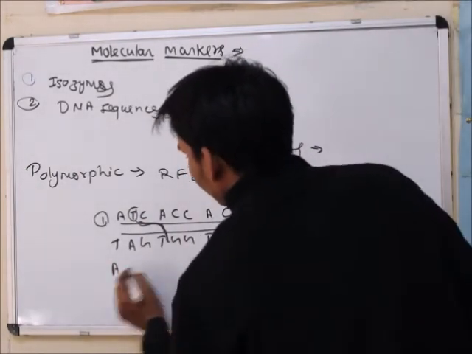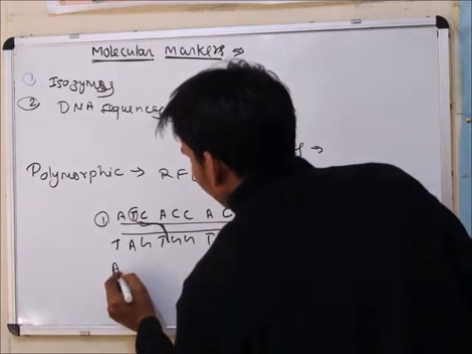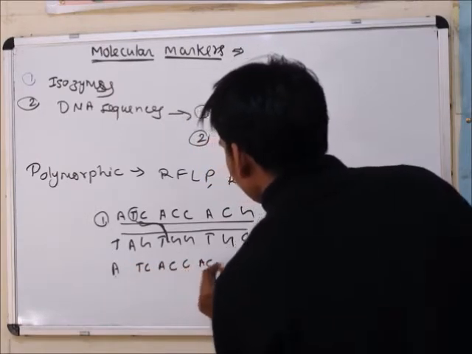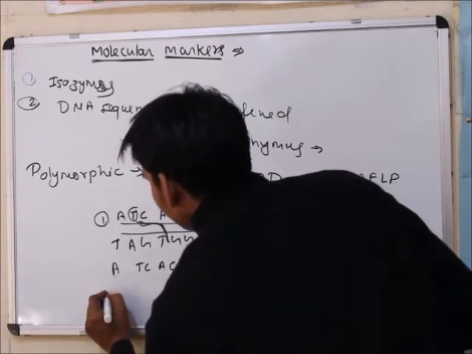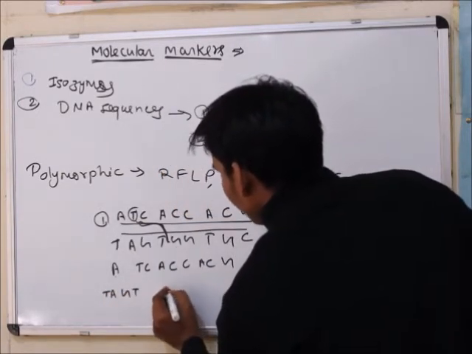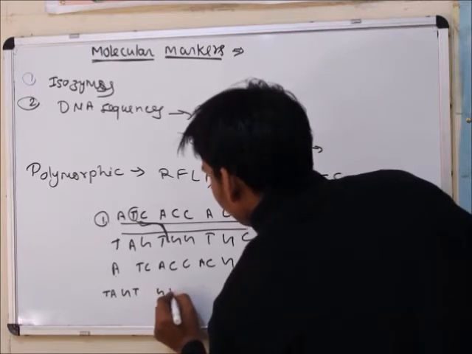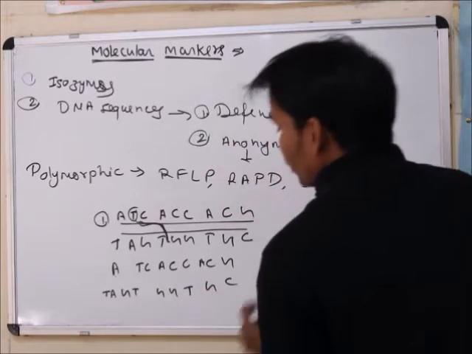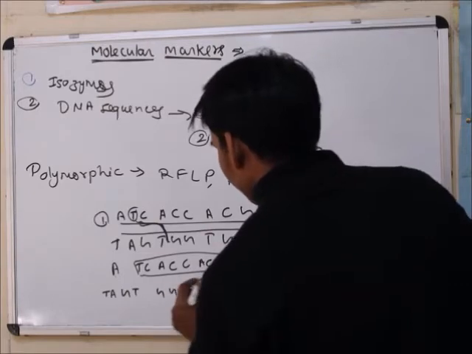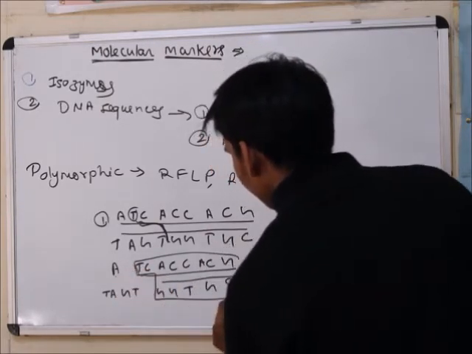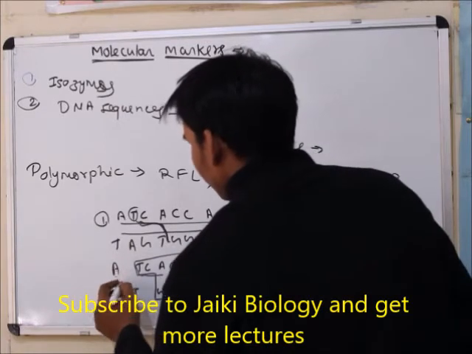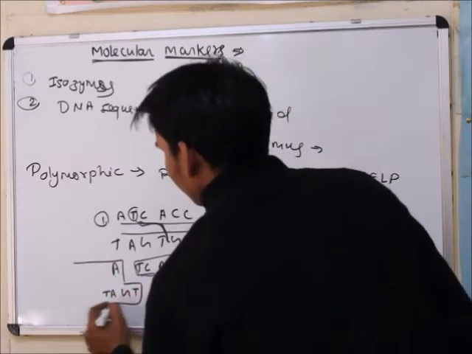The A sequence is removed, and also T, C, A, C, C, A, C, G is one sequence, and another sequence is T, A, G, T, which is also cut into G, G, T, G, C. So it looks like this, for example, and for longer sequences it looks like this.